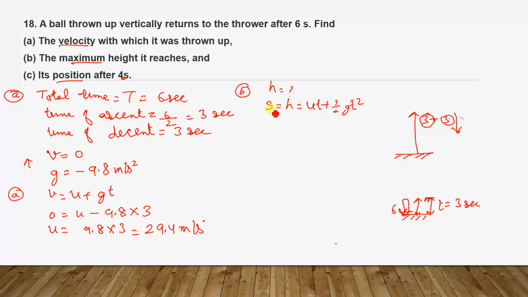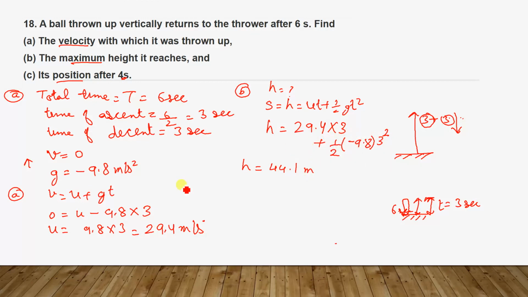So students, h comes out to be, u हमने अभी calculate किया है, will put it here, time is 3 seconds plus half, g is, it is thrown upward na, so I'll take minus 9.8 and t is 3 square. ठीक है. On solving it, you will get height to be 44.1 meter.